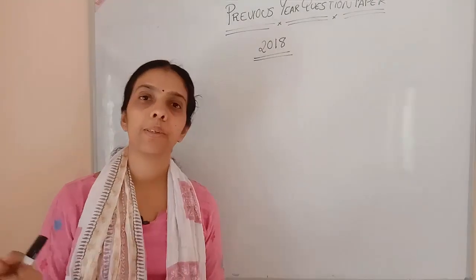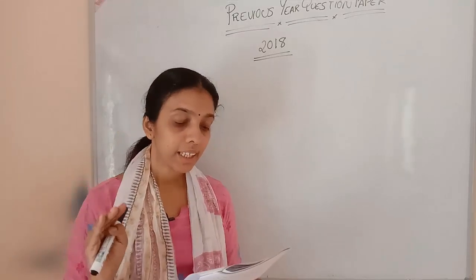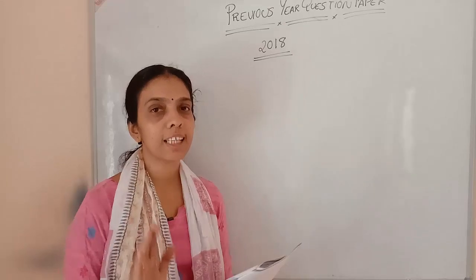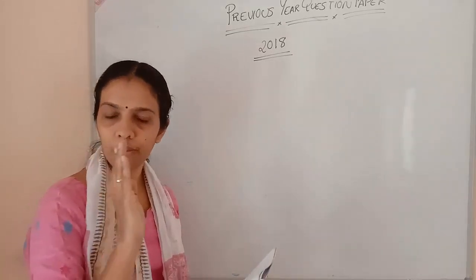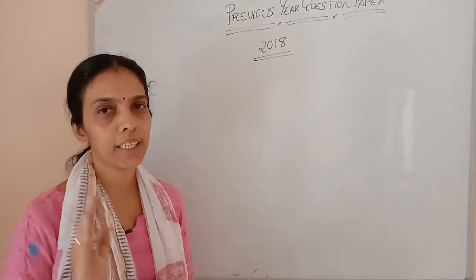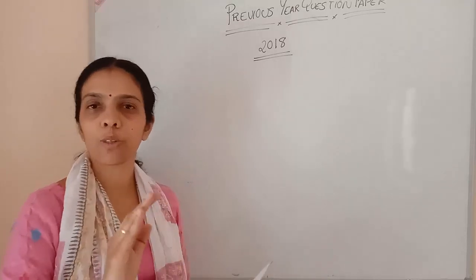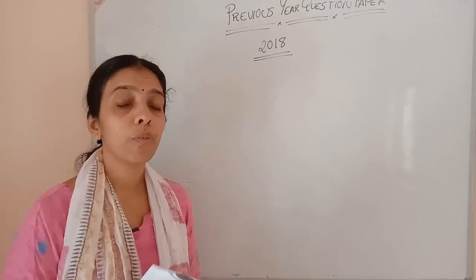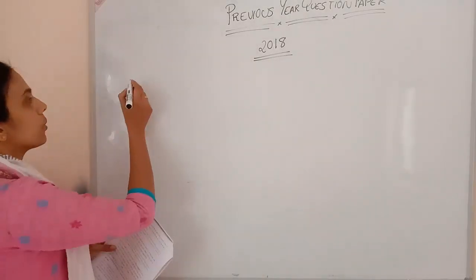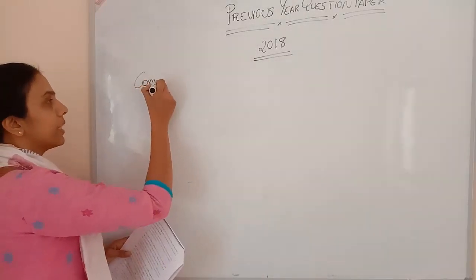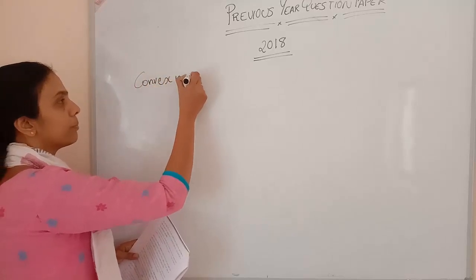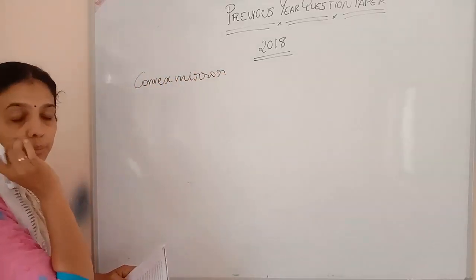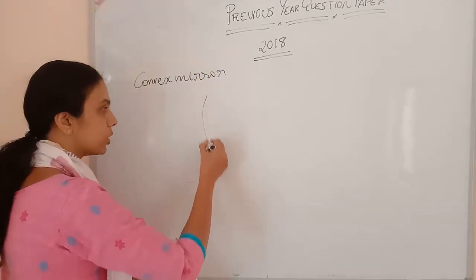At all positions, we will be getting an erect, diminished image. Erect means it will be virtual also. Virtual, erect and diminished for all positions. Which type of mirror is it? It is a convex mirror. Convex mirror is the answer.